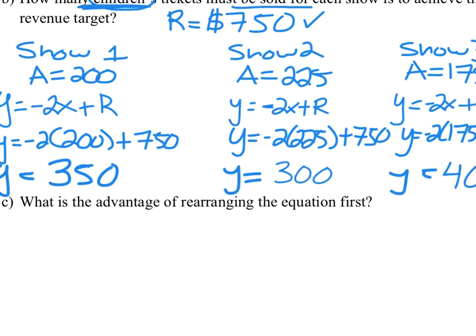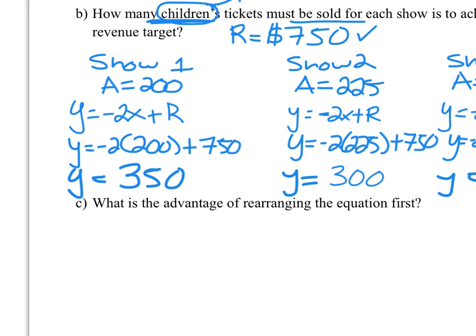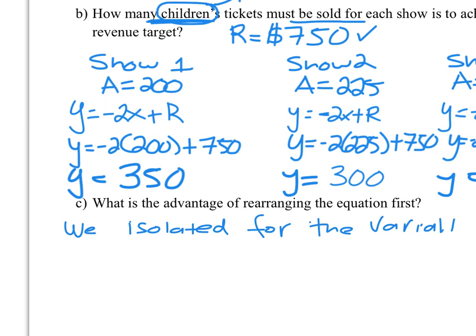So we'll just say that the advantage for writing the equation first was that we isolated for the variable that we needed to solve for.